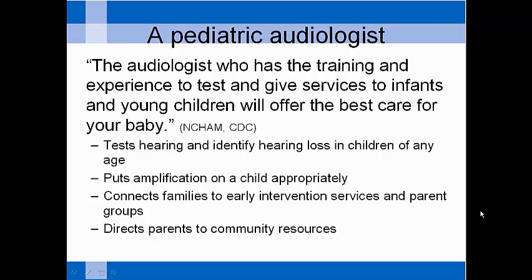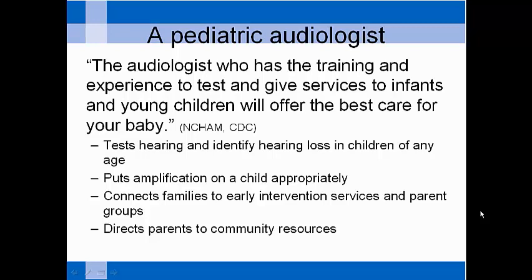A pediatric audiologist will test and identify hearing loss in children of any age. They will fit amplification if that's the appropriate management. They will connect families to early intervention services and different parent groups.